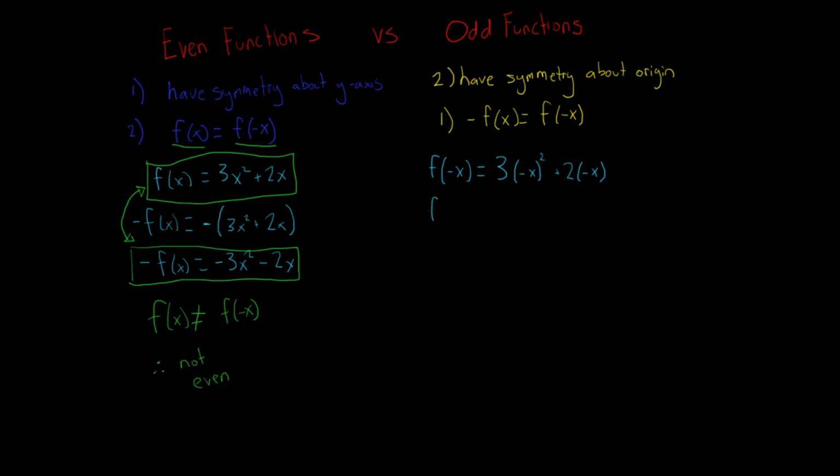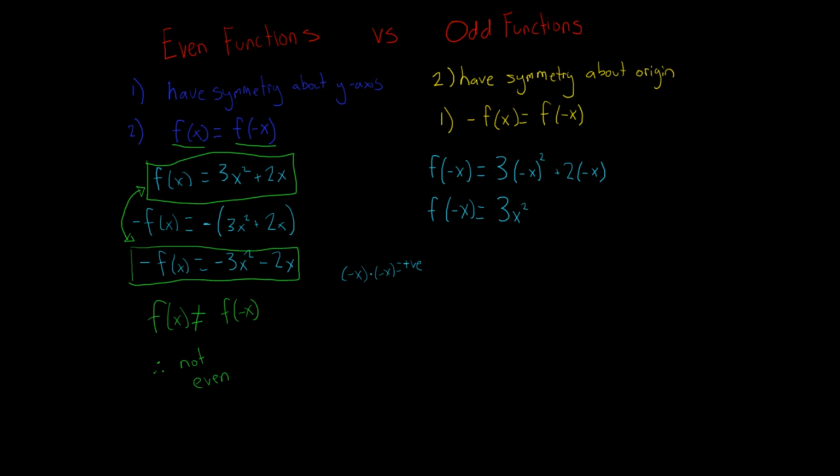So f of negative x will equal, and we know negative x times negative x, because this is negative x squared, is going to be a positive, because a negative times a negative is positive. So this will just equal 3x squared.